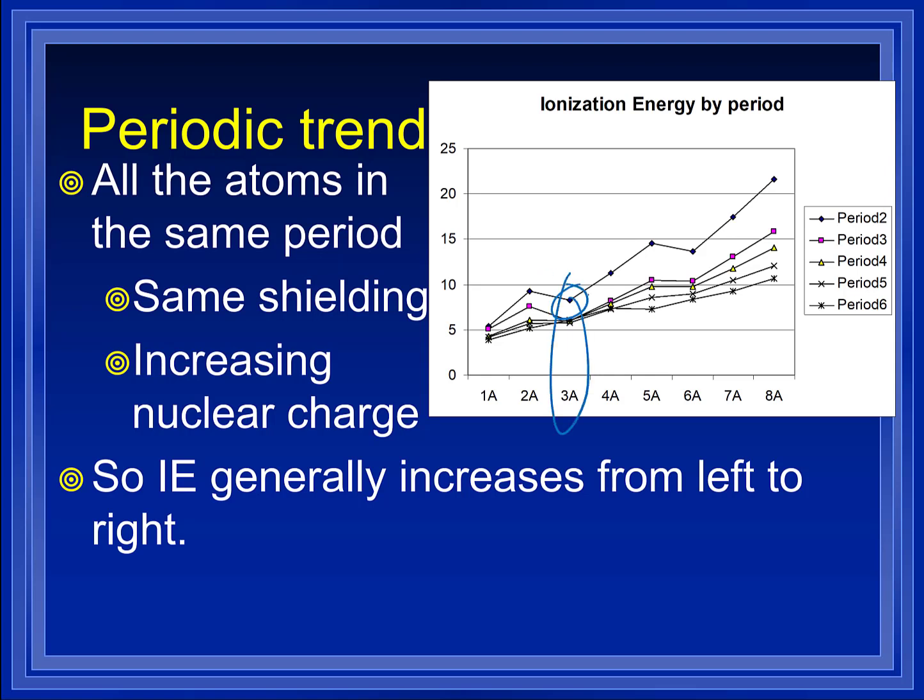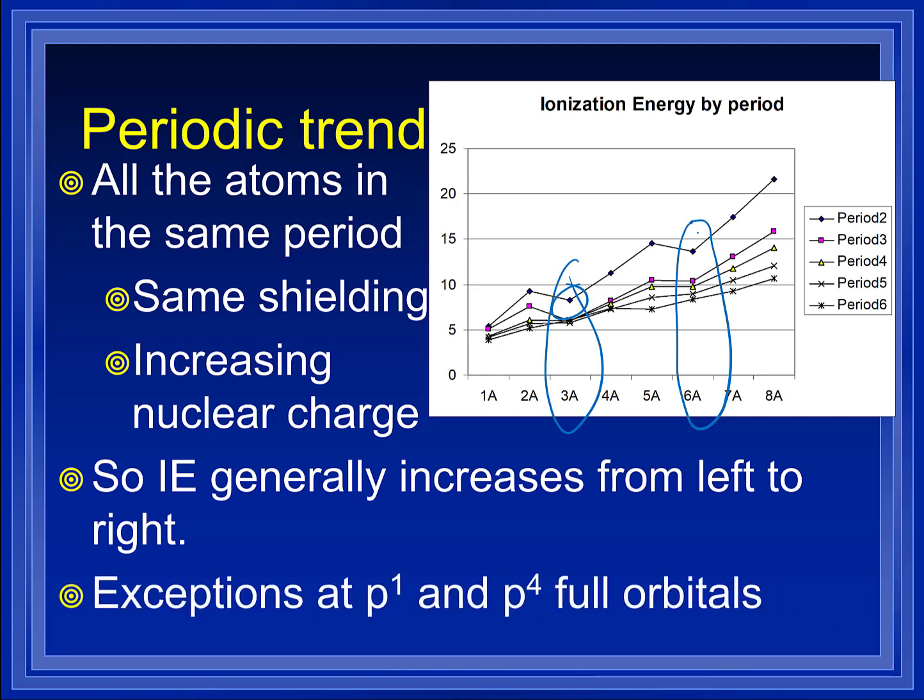It happens in 3A and in 6A. That's where the two exceptions are, 3A and 6A, where it goes down instead of up. If you look at the electron configuration, 3A is going to end in S2P1.